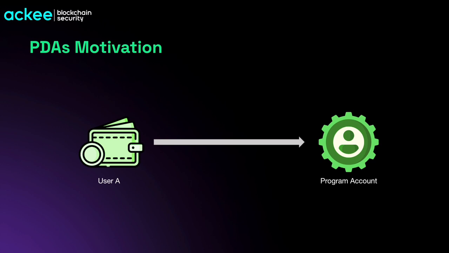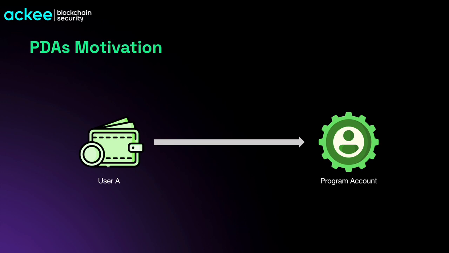What if we want some form of program that will hold its own funds in a wallet that this program owns? So let's say we want to create some form of game where we will be sending tokens to our game and the game will lock these tokens, or we have some form of program that will create a crowdfunding campaign and we will ask different users to deposit money in our program to these different crowdfunding campaigns.